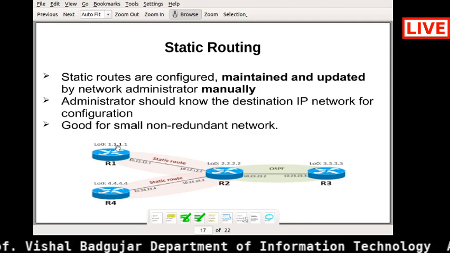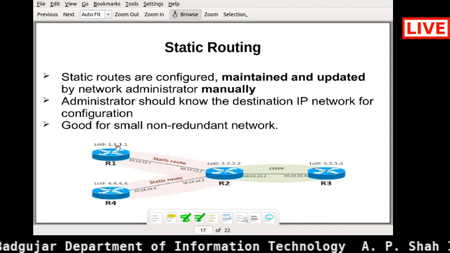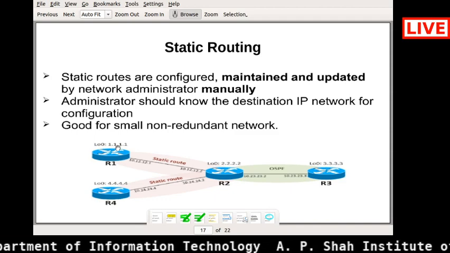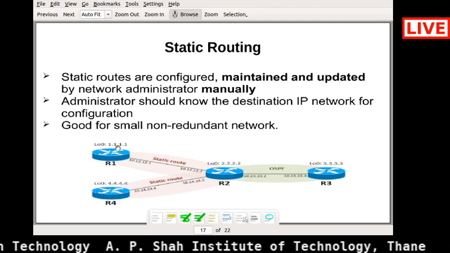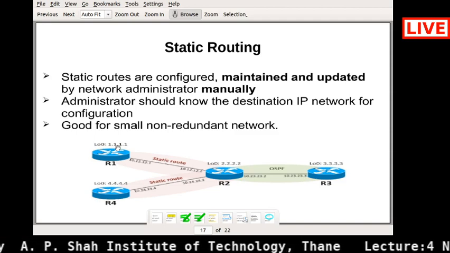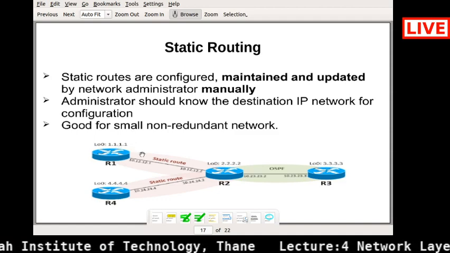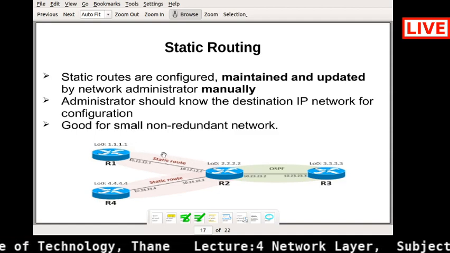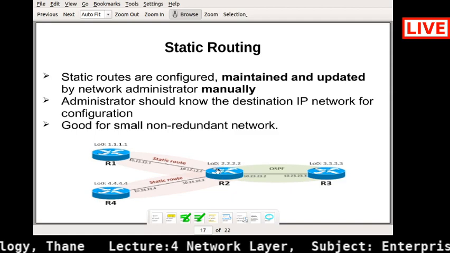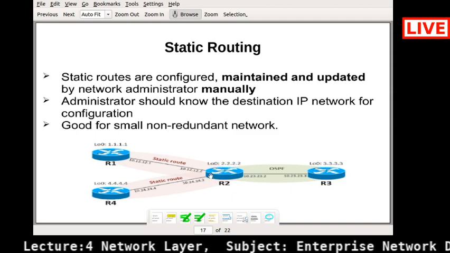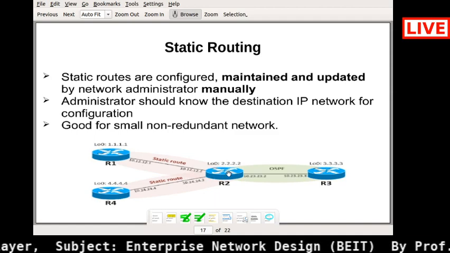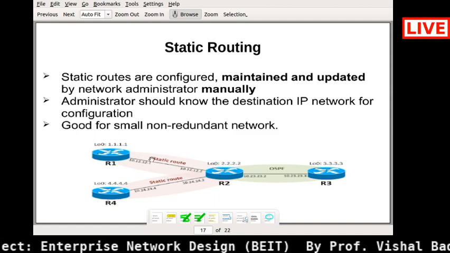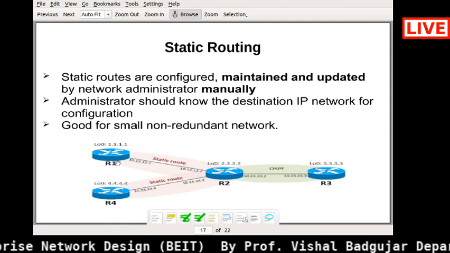So if you want to send a packet from R1 to R2, you must know the IP address of this particular R2. And if you know the IP address of R2, then you need to manually add it into the configuration of this particular R1.